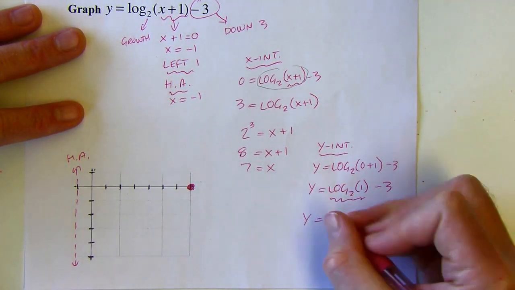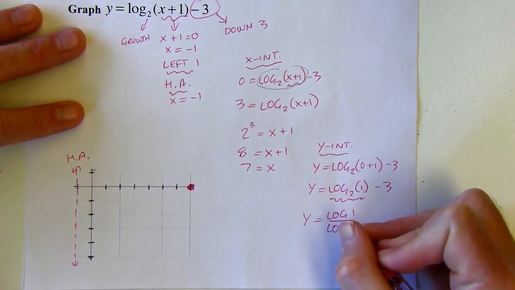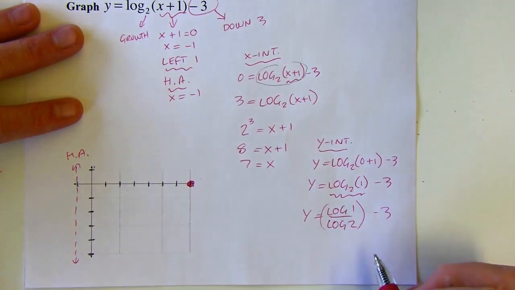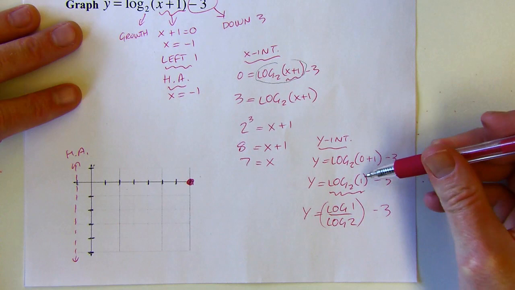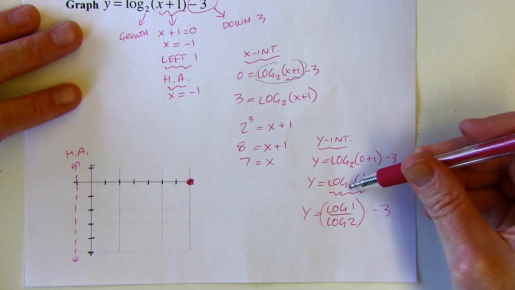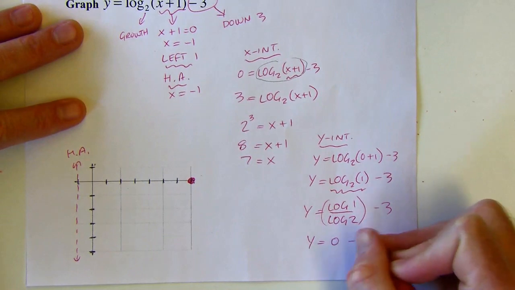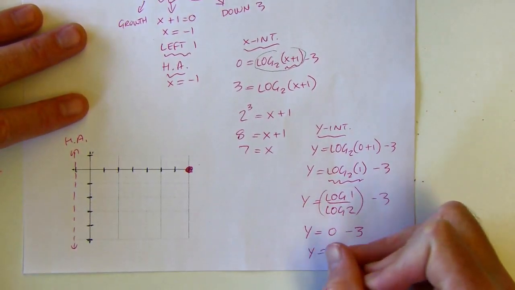Okay, so I'm actually not going to put this in my calculator because I can do it in my head. But if you were to put it in your calculator, then you'd subtract 3. Now I'm just looking at that thinking, oh, 2 raised to some power equals 1. Well, that would have to be 0, right? But if you're not following me there, go ahead and use your calculator, that's fine. And then y equals negative 3.